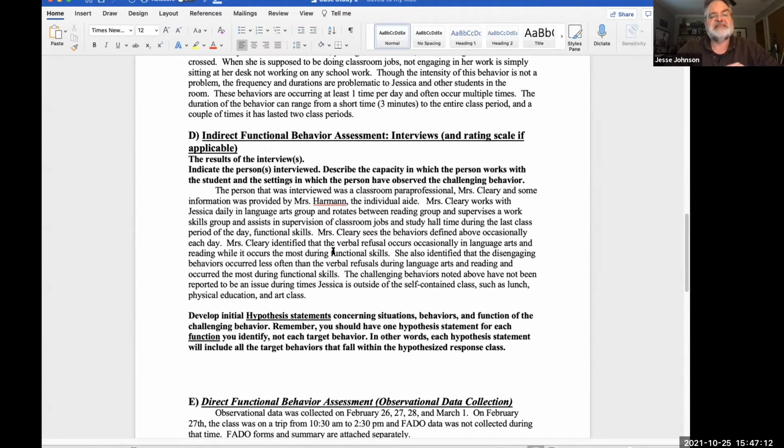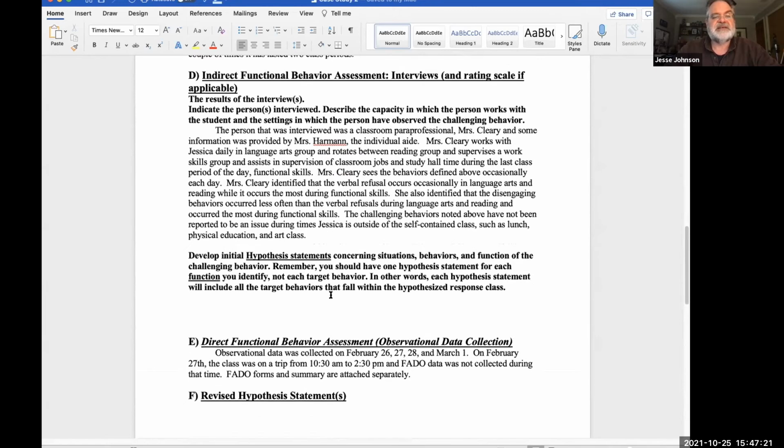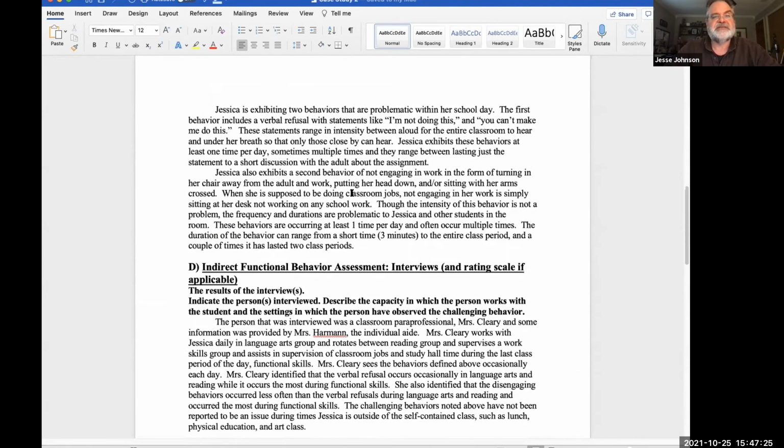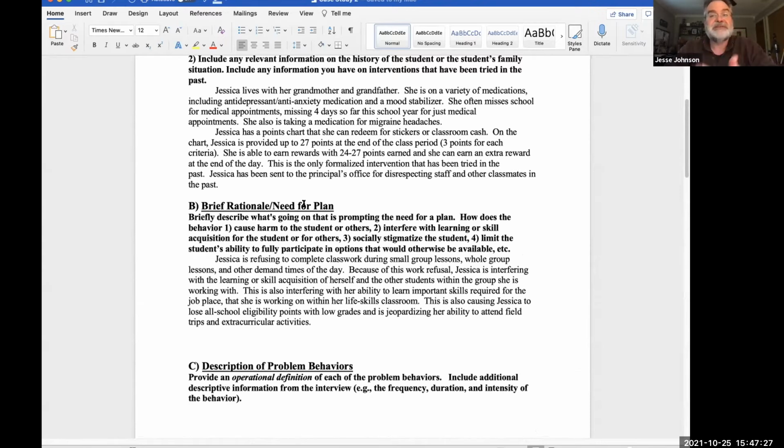For each of these case studies, you've got an interview that's been completed. Most of the time it's an interview with a teacher. And then there's a hypothesis statement and revised hypothesis statement. So then you have some observational data sheets that were collected. We looked at different observational tools for functional behavior assessment. So you've got those tools.